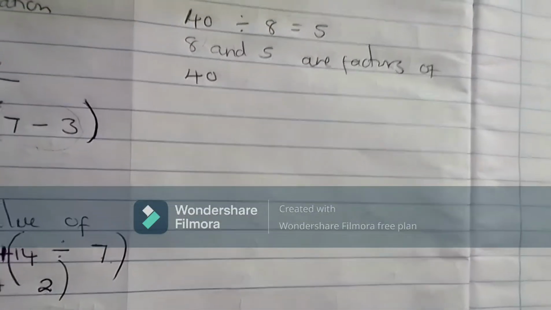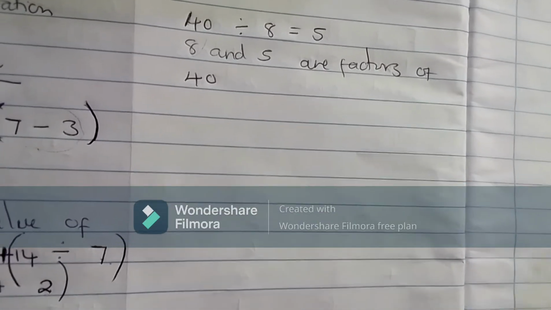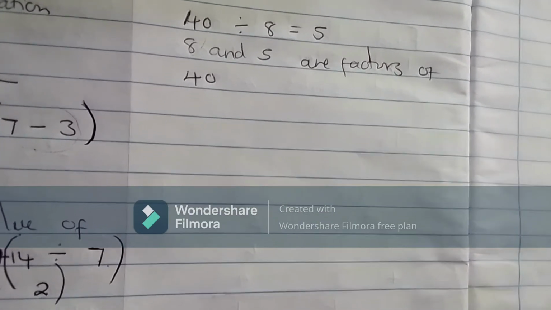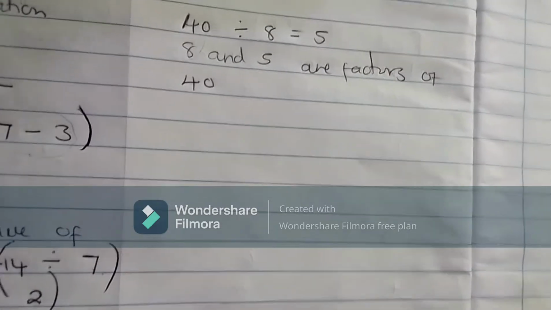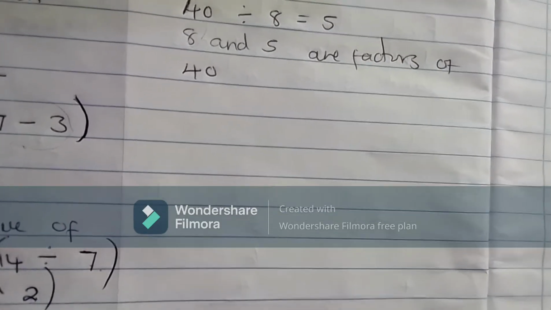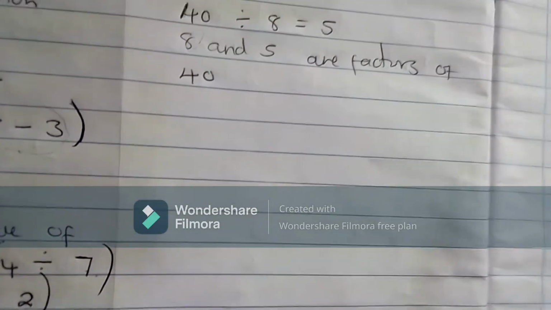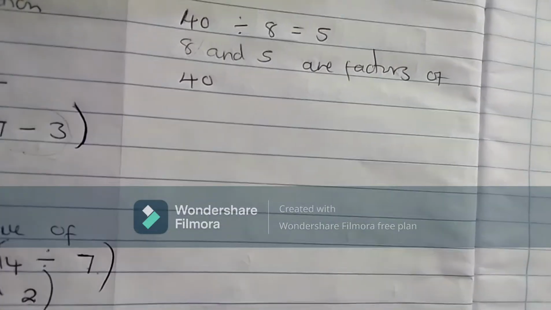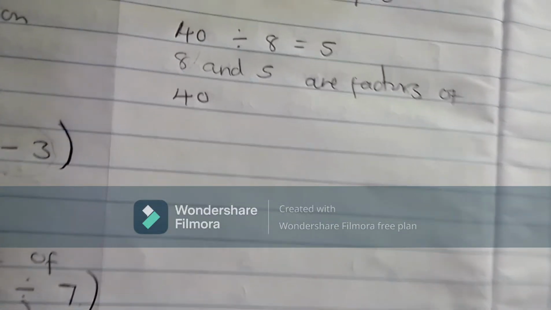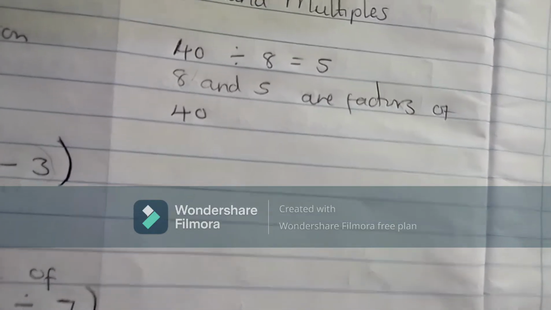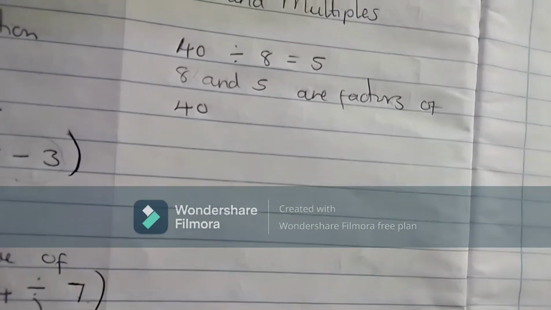And why are we saying they are factors? Because if a number can be divided by another number without a remainder, the second number is a factor of the first. And also even the product is also a factor of the first number.